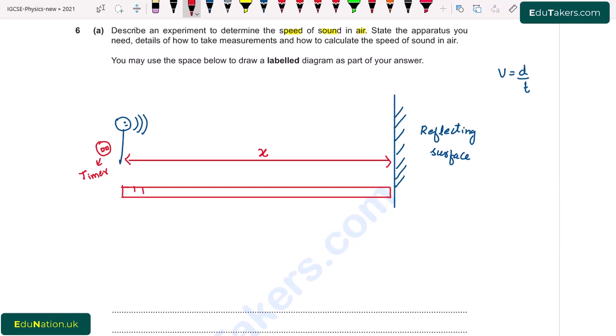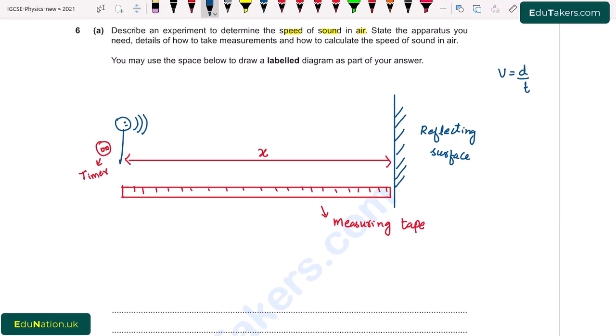There is calibration inside this. So I write here, it's a measuring tape. It is used to find the distance between the observer that emits the sound wave and the reflecting surface.